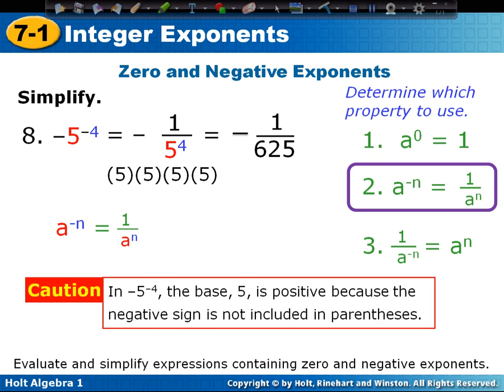And so again, we leave that negative out in front and we say that this is a -1 over 625. So there's a huge difference if you have parentheses around the negative and when you don't. When you have parentheses around the negative, it gets to go with the number. If there are no parentheses, then the negative has to stay out front and does not get to go with the number. Take a minute, make sure you have this copied down before you move on.